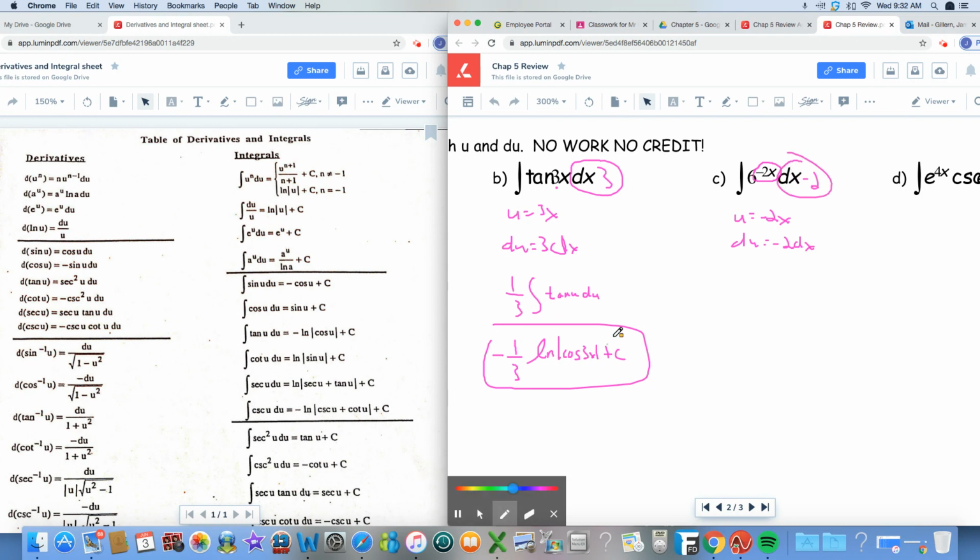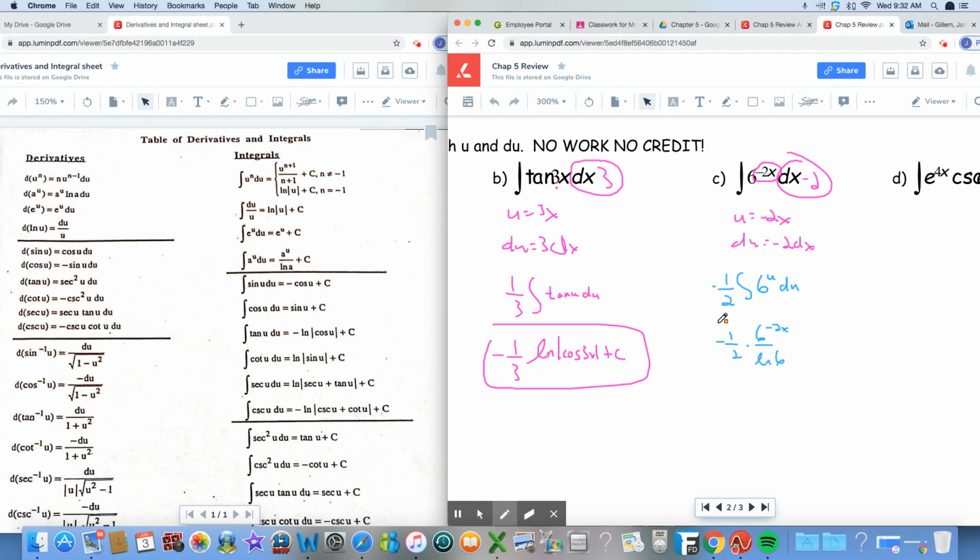Switch up colors a little bit here. So I have -1/2 integral of 6 to the u du. Well, that's a to the u du, which is going to give me, oops, I forgot to make it negative. -1/2 times a to the u over the natural log of a, so 6 to the -2x over the natural log of a, which is 6.